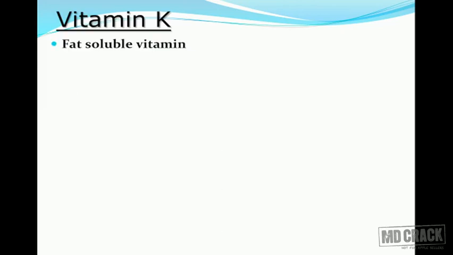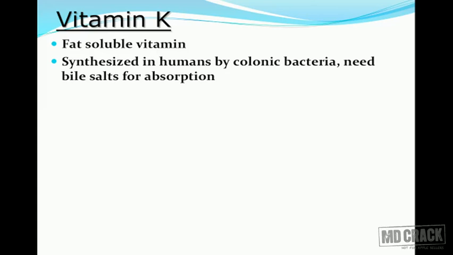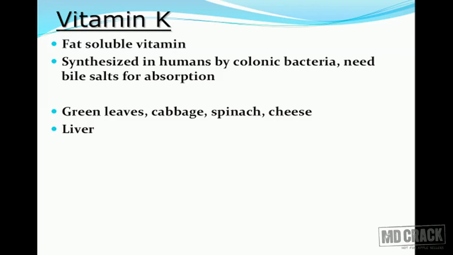Vitamin K is a fat soluble vitamin, and please mind well, it's synthesized in human beings by colonic bacteria, and they need the bile salts for absorption. What are the substances exogenously which can give vitamin K? Green leaves, cabbage, spinach, and cheese. Apart from this, you have liver.